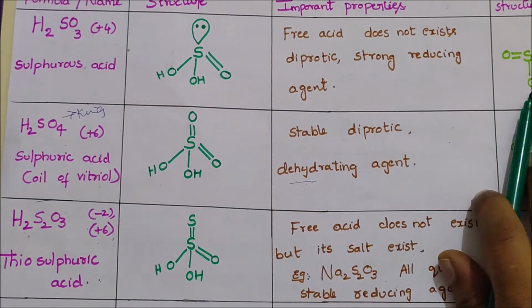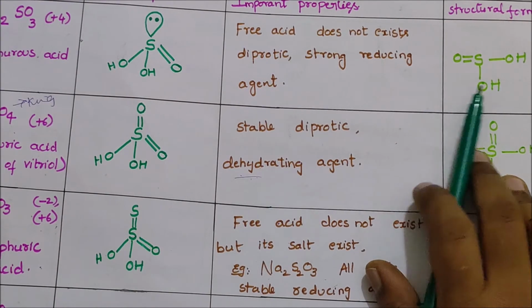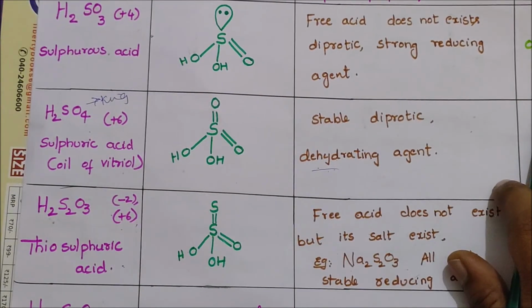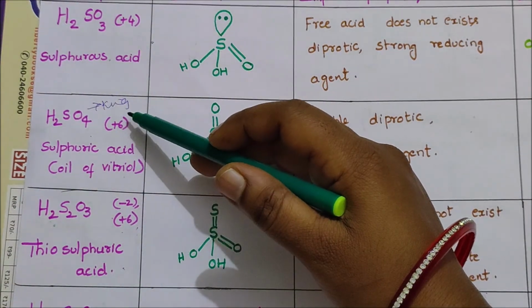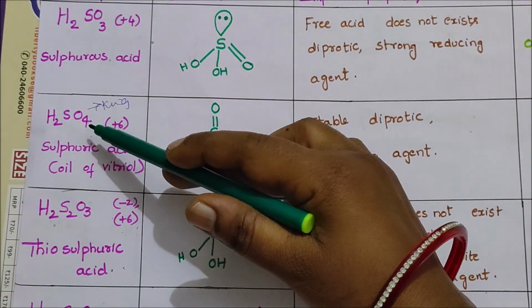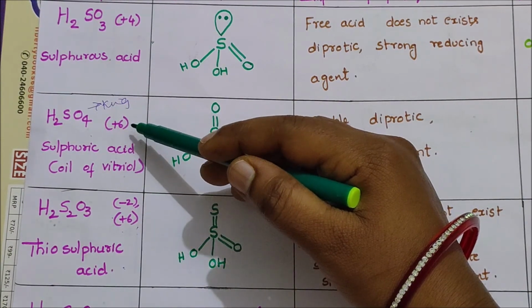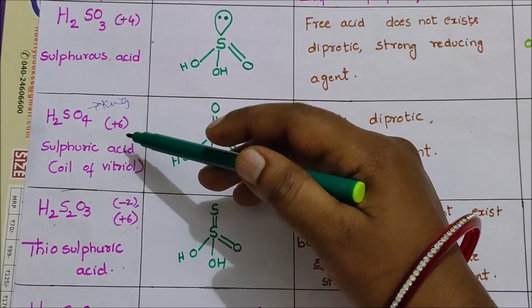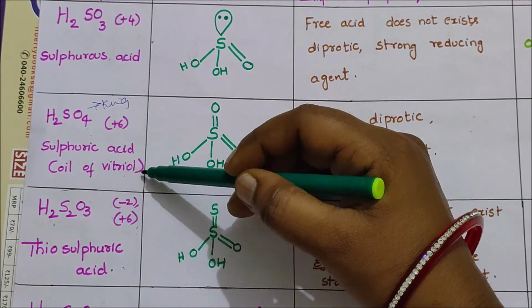The structure is like this. And the other one, H2SO4. This is the king of chemicals. In H2SO4, the sulfur oxidation state is plus 6. This is called sulfuric acid and also called oil of vitriol.